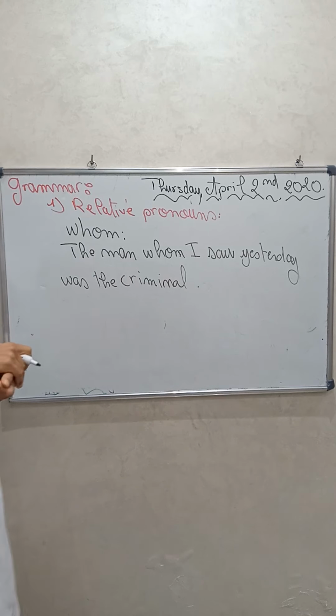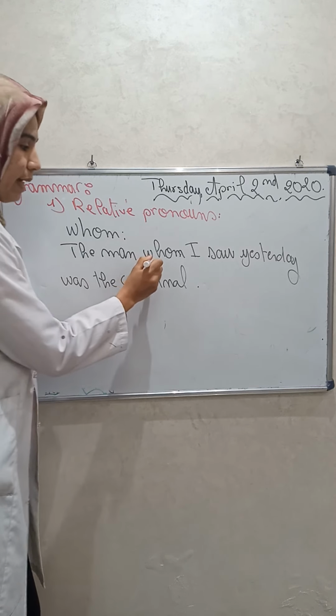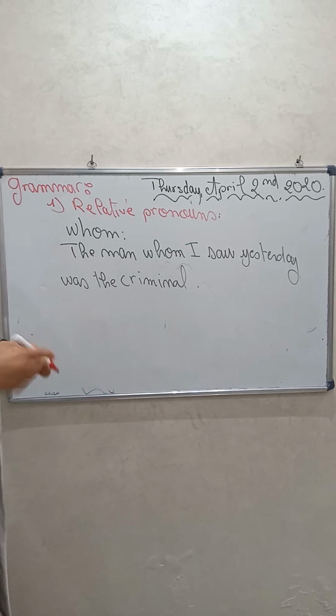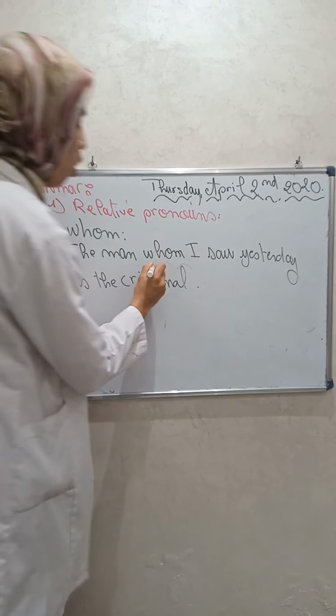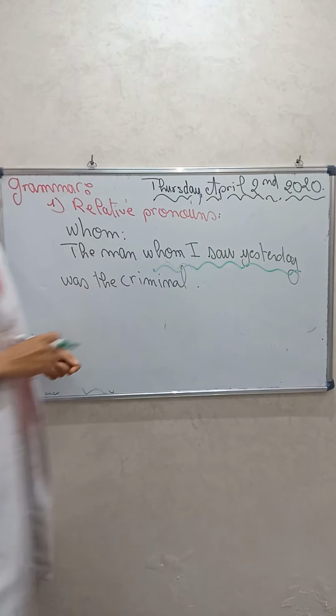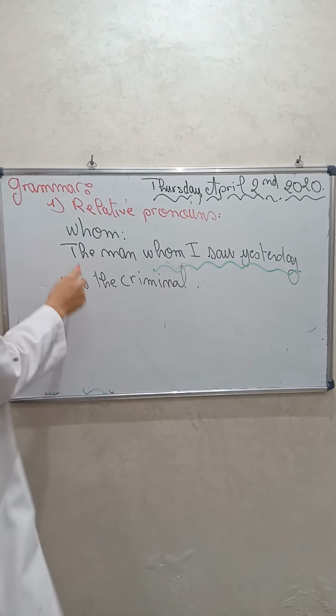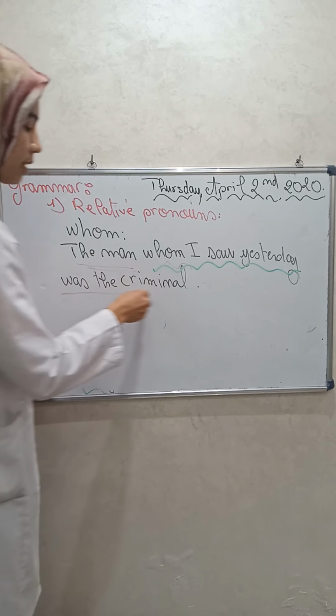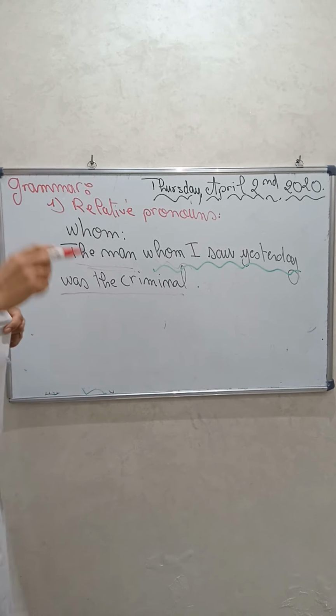The man whom I saw yesterday was the criminal. Again, relative pronoun, it's whom. Relative clause, it is whom I saw yesterday. What is left is that the man was the criminal.